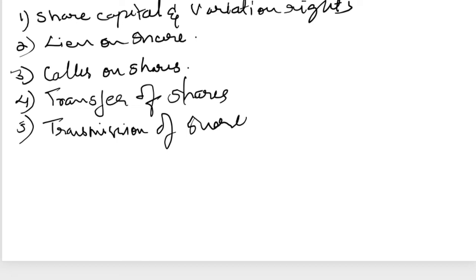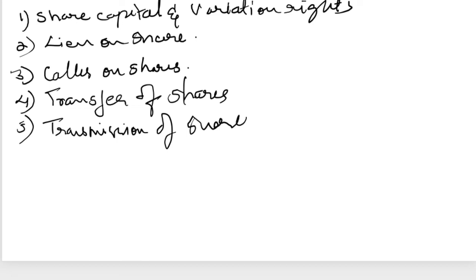What do you mean by transmission of shares? Transmission of shares is a process by operation of law, whereby shares registered in a company in the name of a deceased person or an insolvent person are registered in the name of his legal heirs. If X has 50 shares of MRF and X has died, who will get the rights of that share?